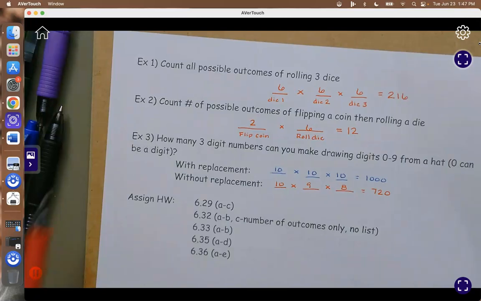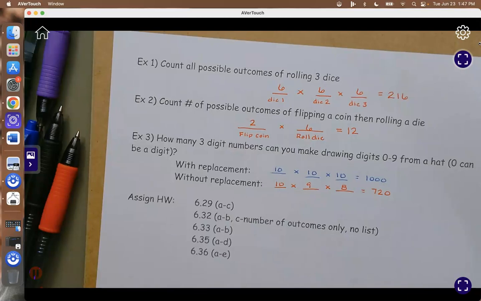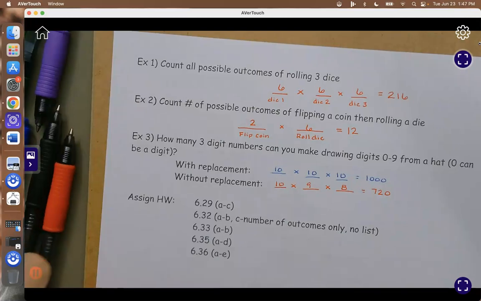I want to talk about one thing with you really quickly. So you see on here the sheet that we need to do, what problems we need to do. So I want to discuss this table with you.